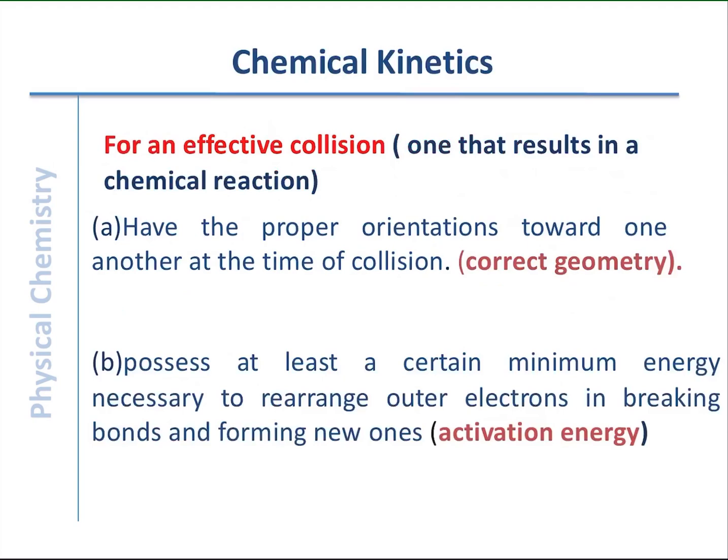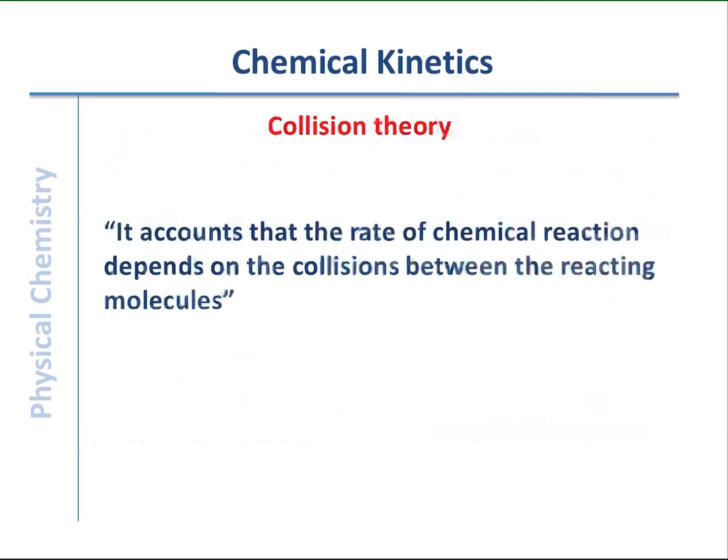Molecules of both reactants have to have the proper orientation towards one another at the time of collision. In other words, molecules of both reactants must have the correct geometry. This is the first condition in collision theory.